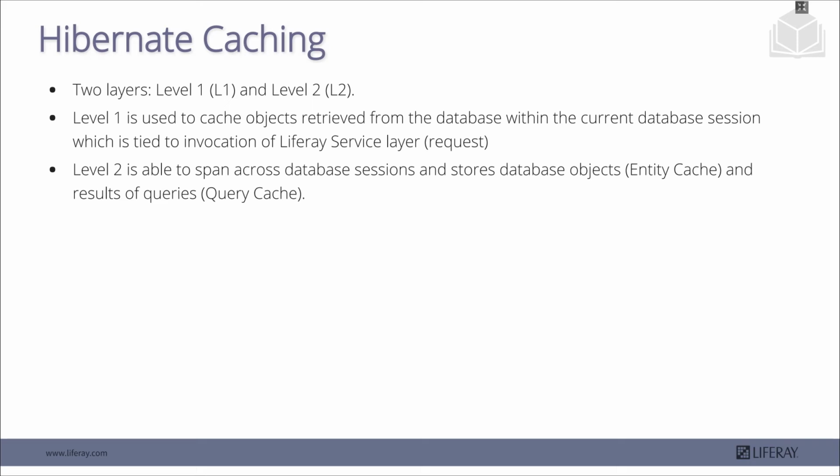Whenever Liferay's service layer makes requests to maybe get specific objects, this is where our level 1 caching can occur. Level 2 is going across the whole database session, and this is where our database objects are going to be storing their cache for the results of their queries. So we have entity cache and query cache in level 2.